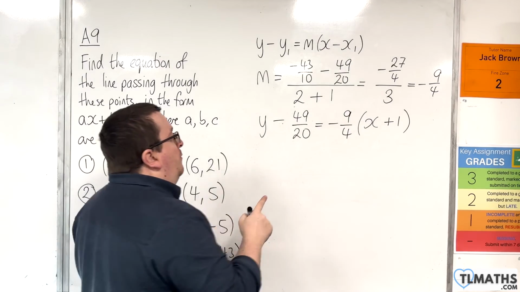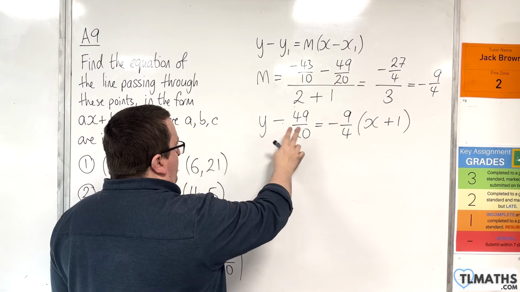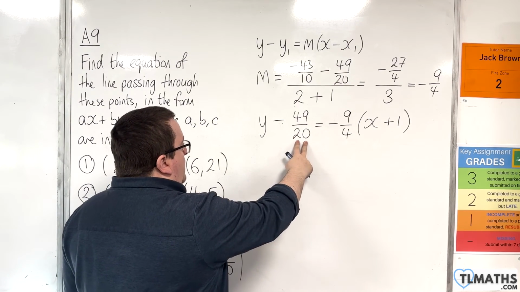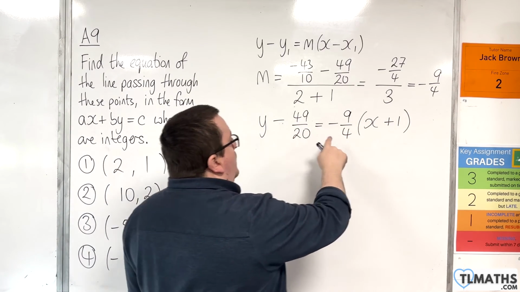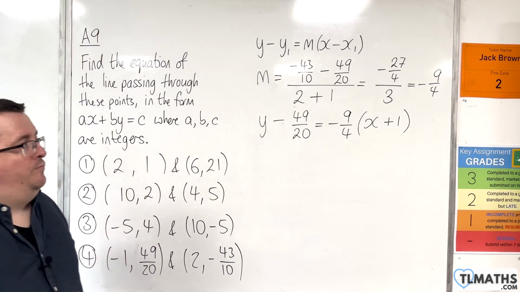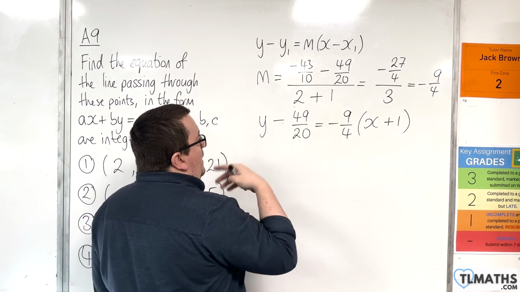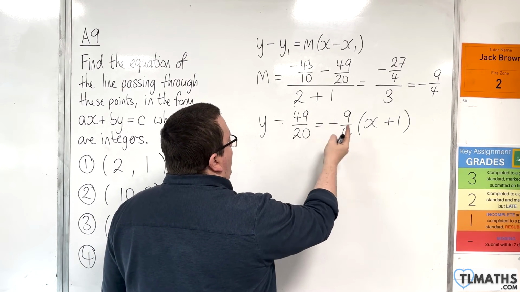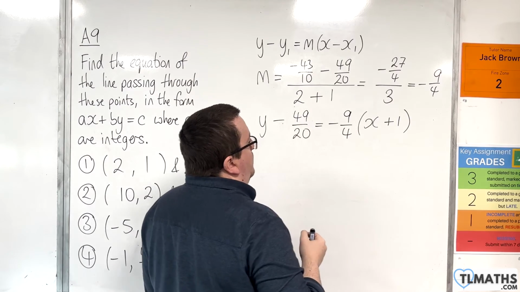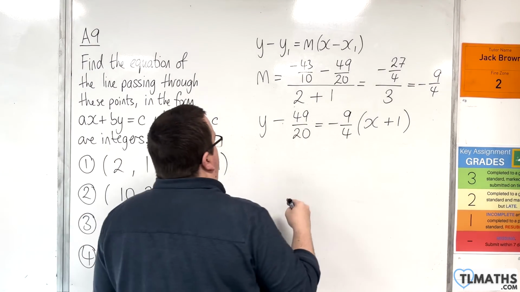But if I multiplied through by 20 both sides, so I focus on that denominator, then because 4 is a divisor of 20, or a factor of 20, that means that if I multiply through by 20, it will get rid of that denominator for me as well. So I'm going to multiply everything through by 20.